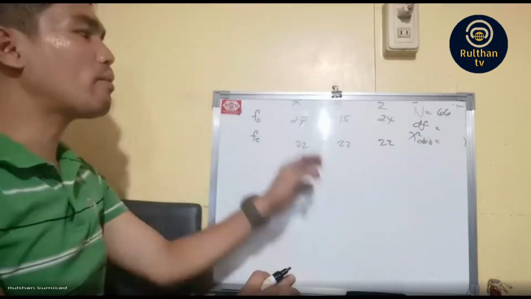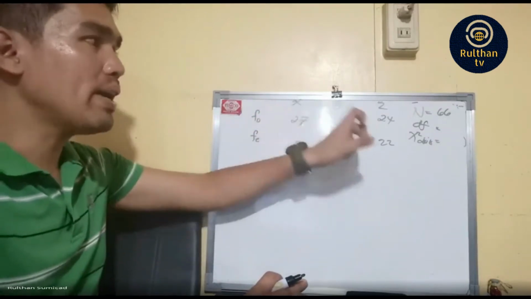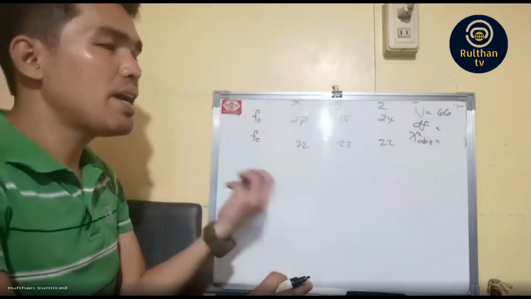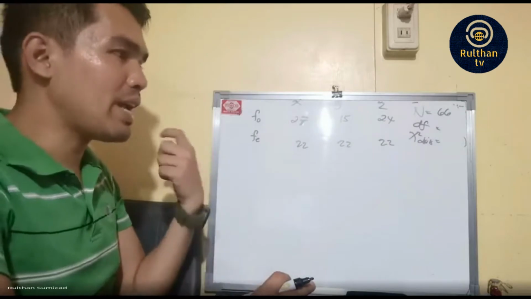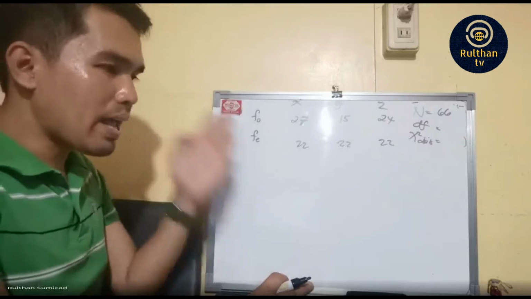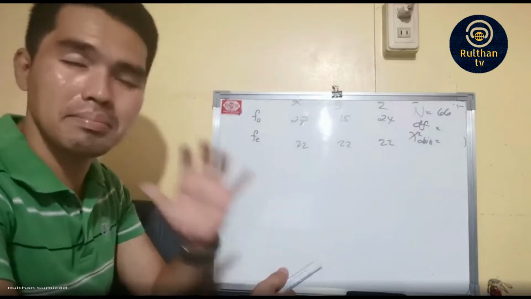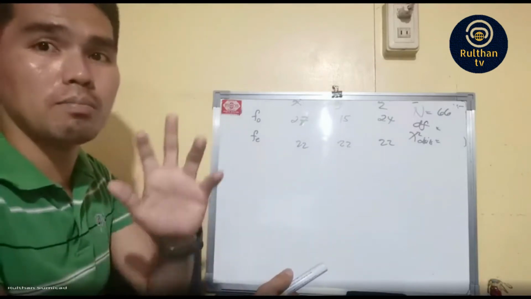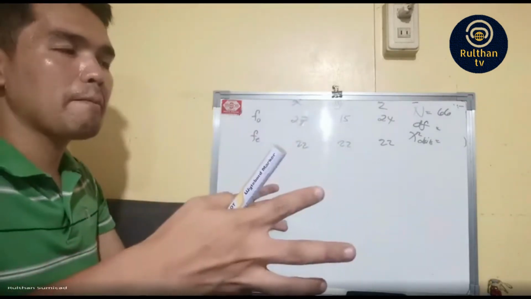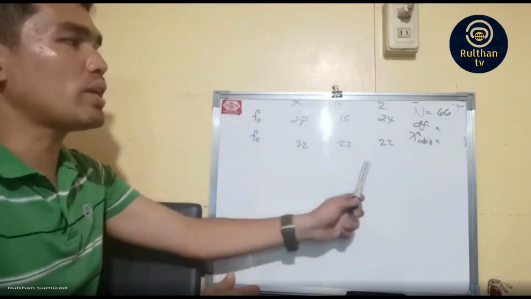So we're expecting 22 who will be selecting brand X, 22 brand Y, and 22 selecting Z. Since our null hypothesis states that there is no alteration in terms of taste for the 3 brands, each brand will have the same amount of respondents as expected. So we have 22, 22, 22.